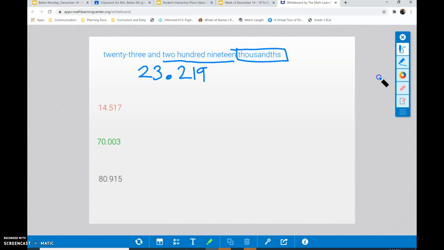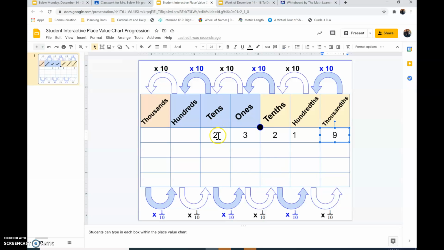Okay, so on this one I have 14 and 517 thousandths. What I noticed is that some of you are writing 14 decimal 517. That is not the way I read that decimal. So again, I could use my interactive place value chart and I could type it in.